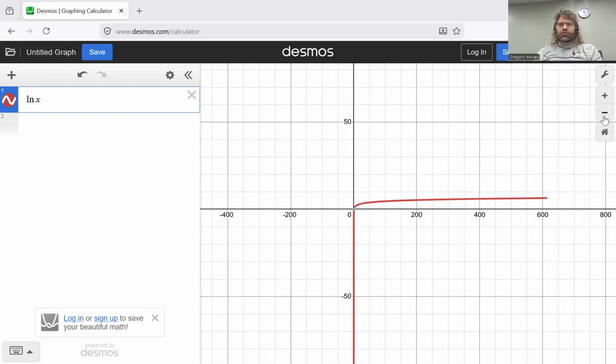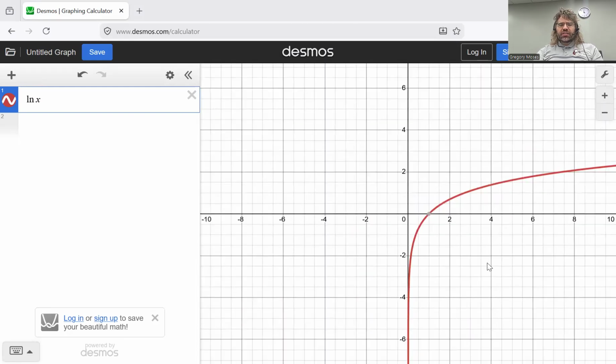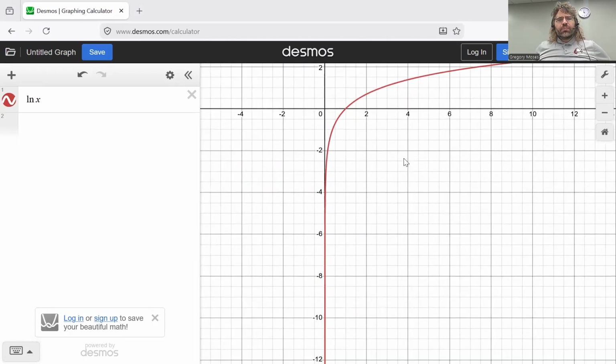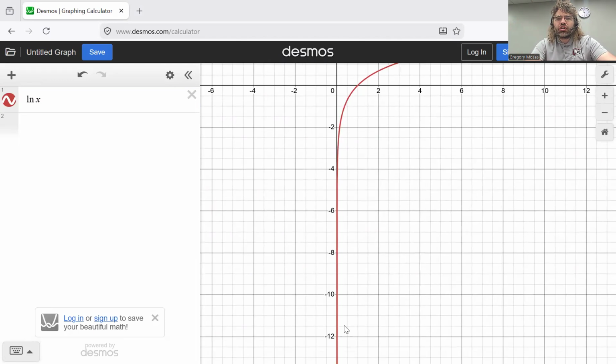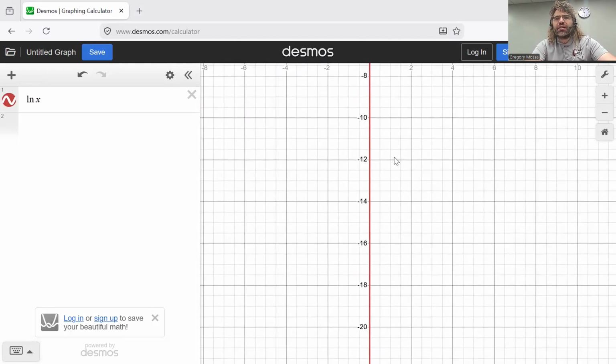It's probably not really obvious at this magnification, but if I zoom in, you see that as x approaches 0, this curve is plunging down to negative infinity. Another way of saying that is that initially, this function is increasing really, really fast.